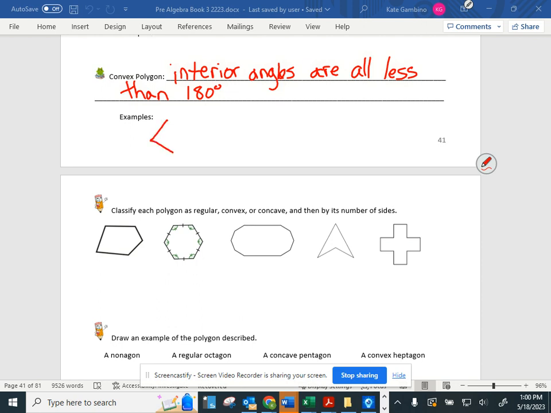So if we look at, oops, no cave-ins. That's a straight line. These angles are all less than 180 degrees. Okay? Convex means they're all pushed out, no cave-ins. Okay?